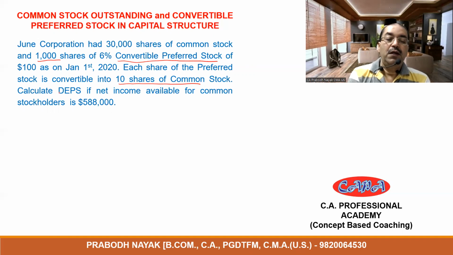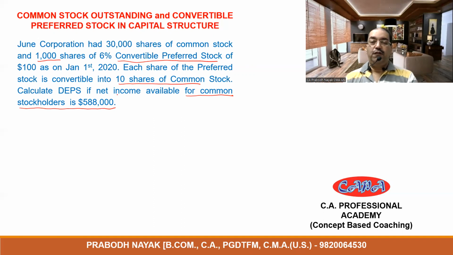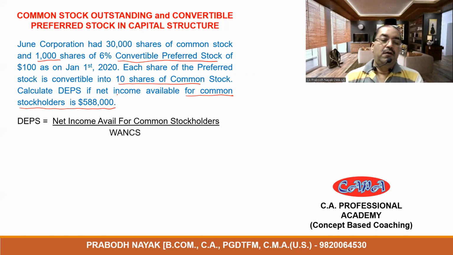Calculate DEPS if net income available for common stockholders is 588,000. Now, the formula is the same, but net income I will have to calculate.